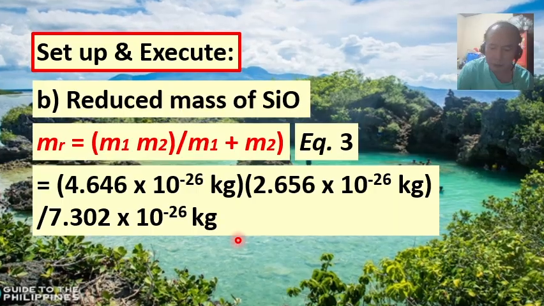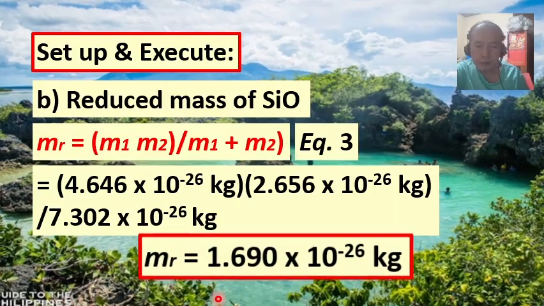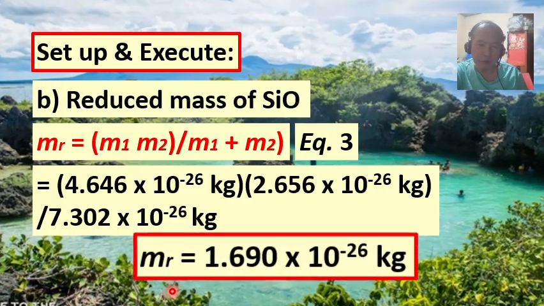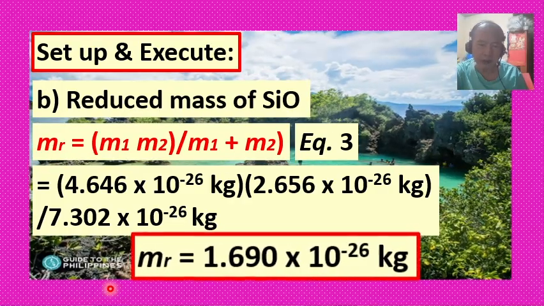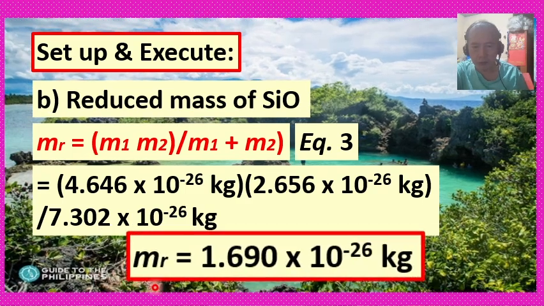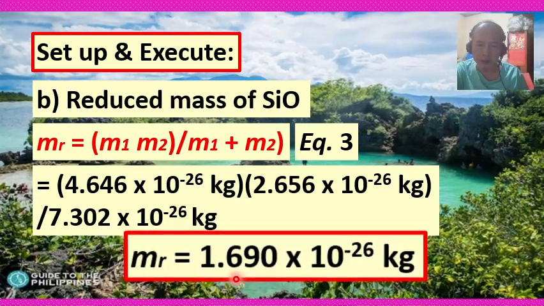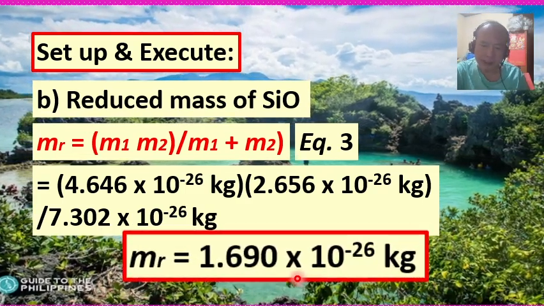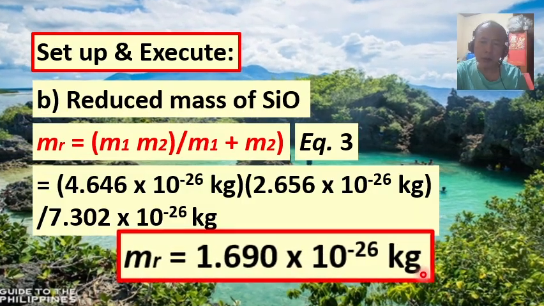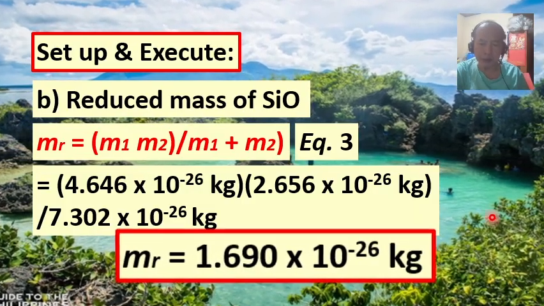When we do our math, we get the reduced mass of the silicon monoxide molecule, m sub r, equal to 1.690 times 10 raised to the negative 26 kilogram, also rounded to 4 significant figures.